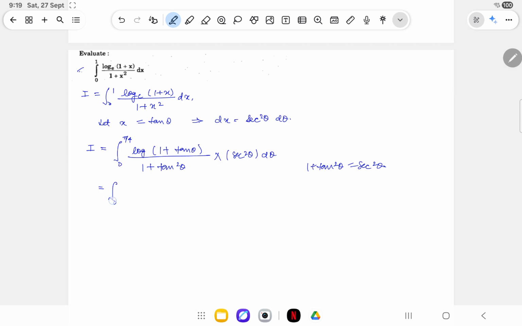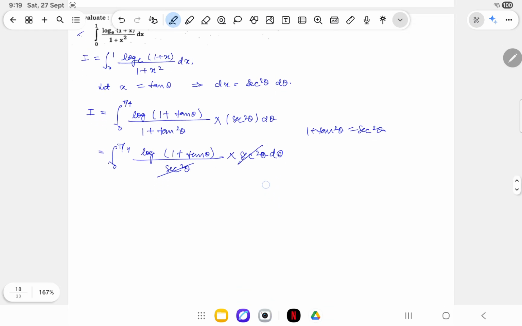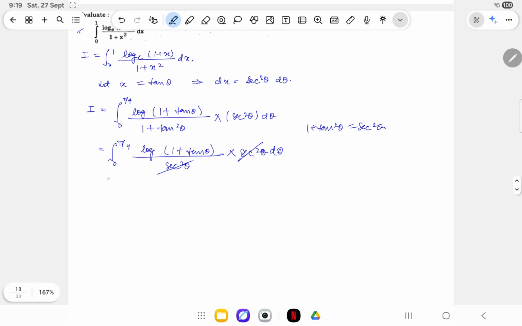So this gives us integration from 0 to pi by 4 of log (1 plus tan theta) divided by sec square theta into sec square theta d theta, and the sec square cancels out. So we'll get our I as integration 0 to pi by 4 of log (1 plus tan theta) d theta.